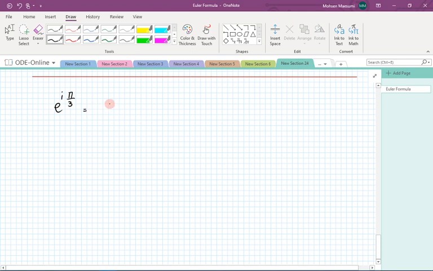Euler's formula says this is cosine of pi third plus i sine of pi third. Well, we have picked a friendly angle. So another issue from trigonometry. Pi third is the same as 60 degrees. Cosine of 60 degrees was what? Do you remember? Of course, 1/2 plus i sine of 60 degrees, which was radical 3 over 2.